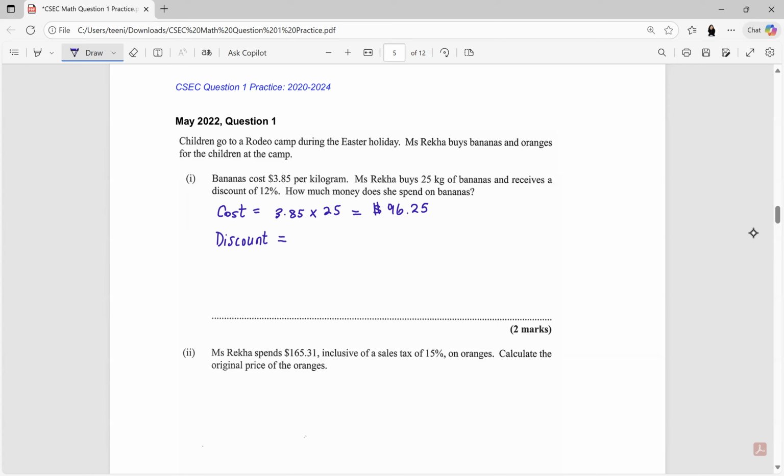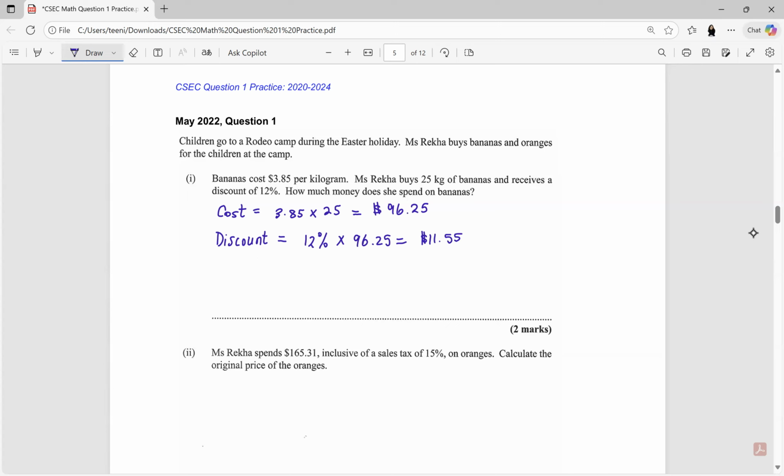I didn't even work it out. She is correct. Yes. Okay, so she did 12% of the cost price, which is $96.25. So was that $11.55? Yes.